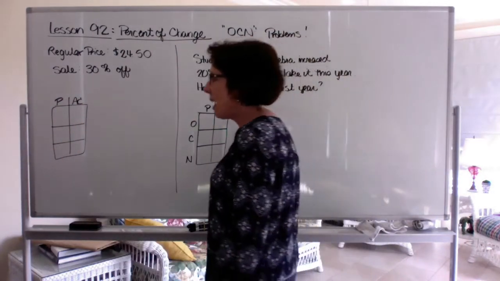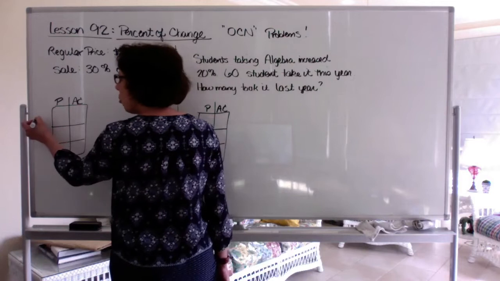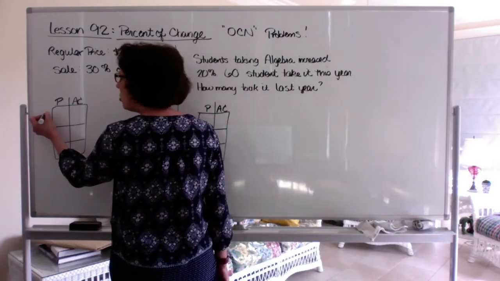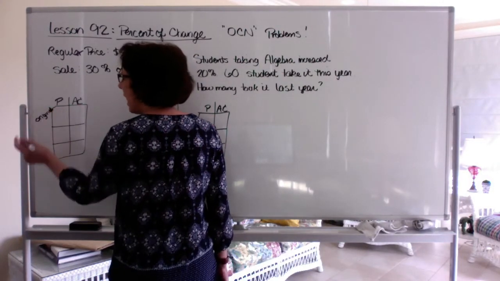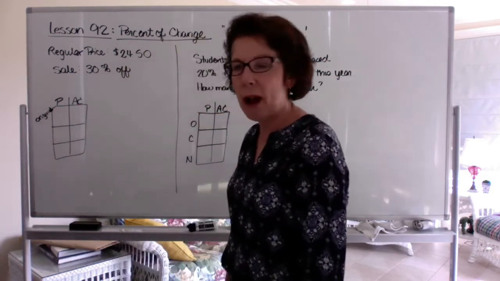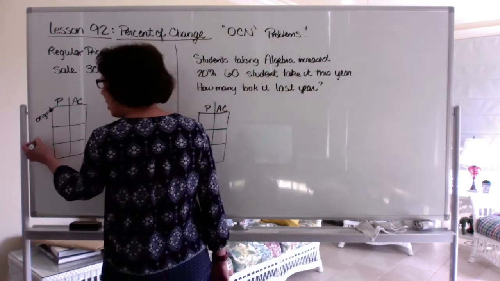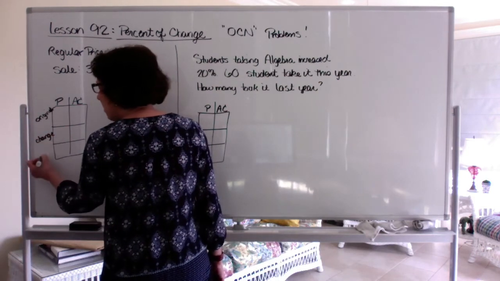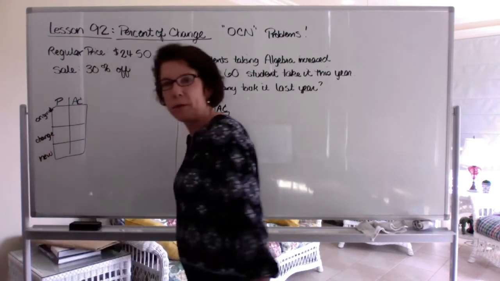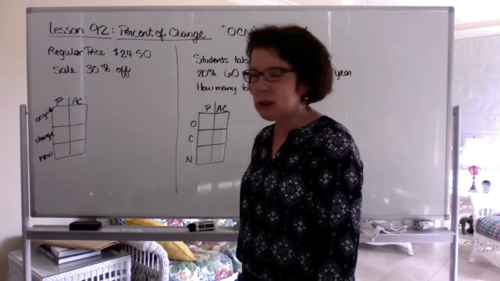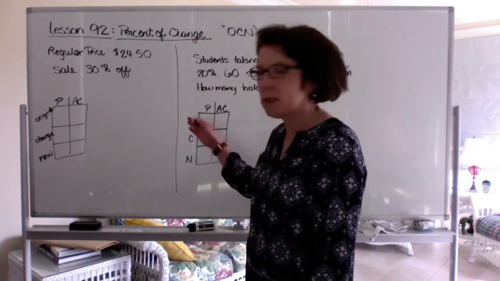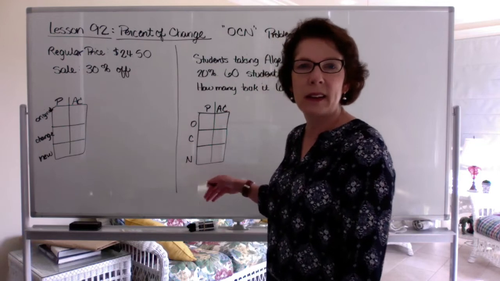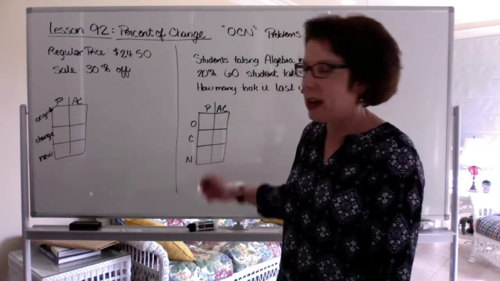Now, on the left, we're going to start with the original percent and the original actual price. Then here will be the change. This is the change in percent. And then this is the new. Now, I don't want you to have to write original change new every time, and so we will just use OCN. OCN problems, original change new.